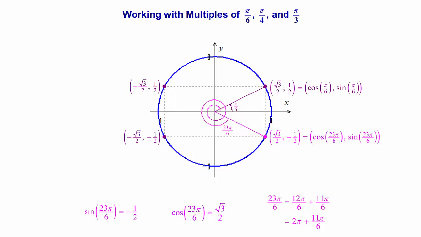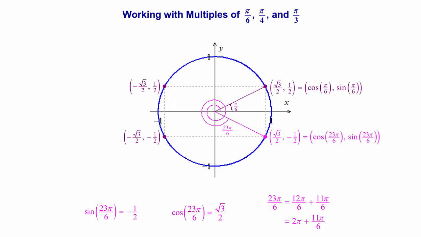And in a similar way, we could find the sine and cosine values of all the multiples of pi over 6. They're all going to involve these same two numbers, root 3 over 2 and 1/2. We just need to make them negative if the angle falls in a quadrant where the x or y coordinate is negative.